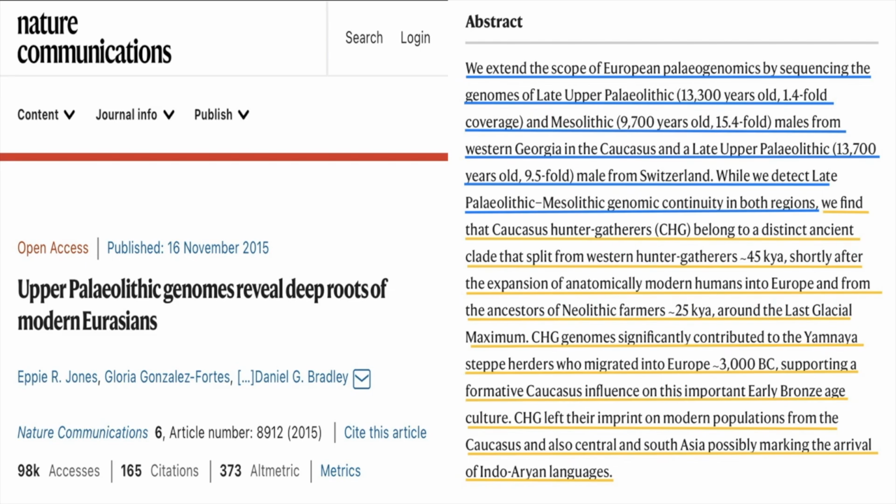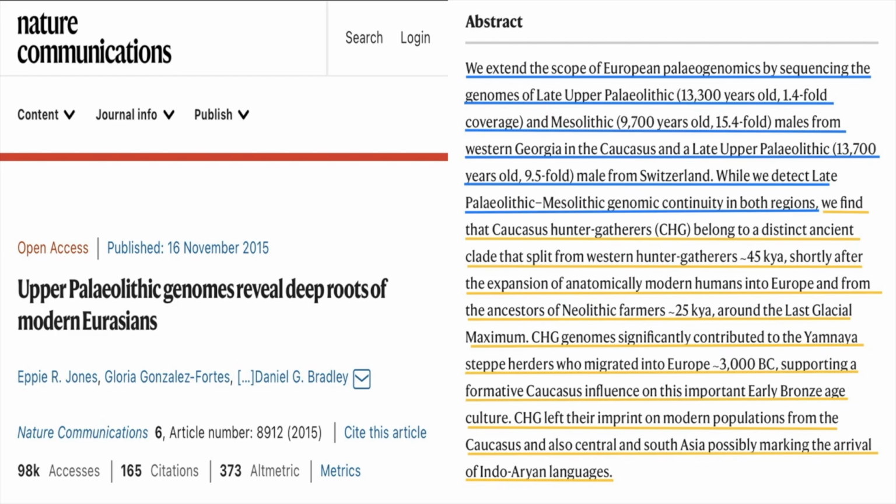While we detect late Paleolithic Mesolithic genomic continuity in both regions, we find that Caucasus hunter-gatherers belong to a distinct ancient clade that split from Western hunter-gatherers 45 KYA, shortly after the expansion of anatomically modern humans into Europe, and from the ancestors of Neolithic farmers, 25 KYA, around the last glacial maximum.